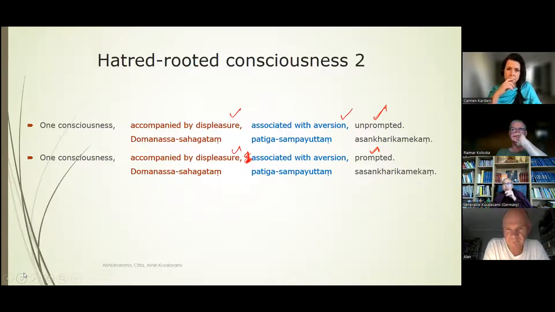It can happen to people who have a wrong view or who don't have a wrong view. So mostly hatred-rooted consciousness does not connect with wrong view or right view. We don't need to emphasize that.